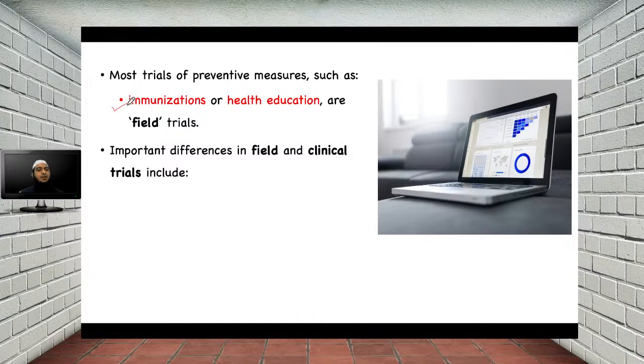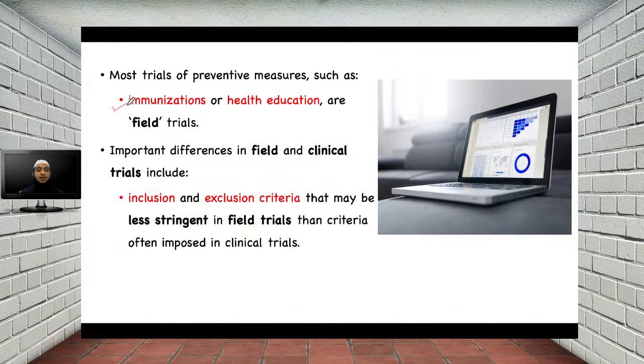Then let's see what the important differences are. We have already seen one difference between the field trial and the clinical trial: the clinical trial is conducted in a hospital or clinical setting, and field trials are conducted at home. Another important difference is the inclusion and exclusion criteria.